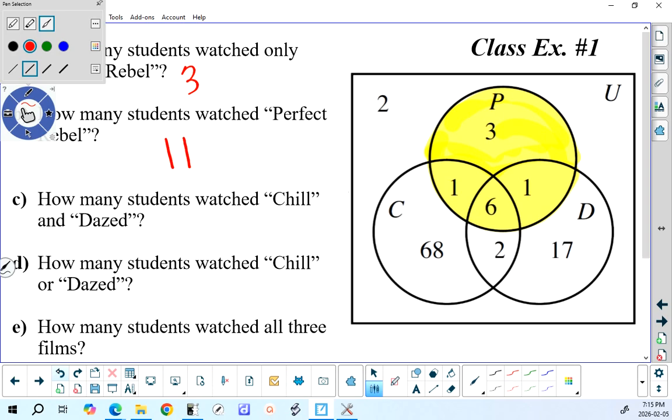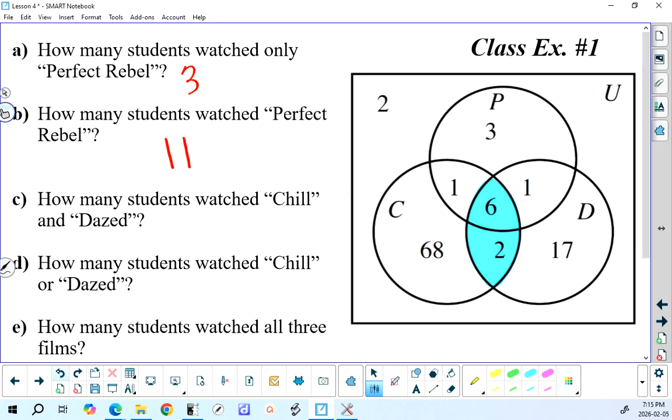How many watched Chill and Dazed? So Chill and Dazed, they have to be within both of C and D. And the region that contains C and D is this region. If you were to highlight any other region in this Venn diagram, it would not be inside of C and inside of D. Those are the only ones that are.